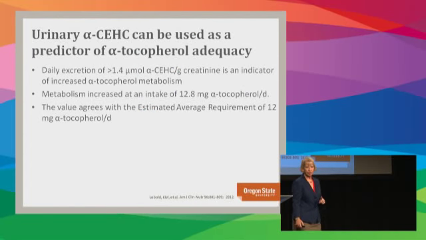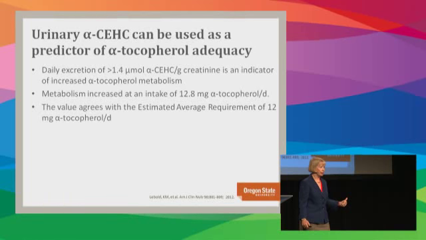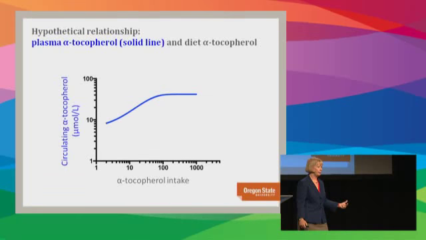And our answer is yes, that about 1.4 micromoles of CEHC per gram of creatinine is an adequate indicator of alpha tocopherol metabolism. That goes along with an intake of about 12 milligrams, 12.8 milligrams. So this looks good. Only problem with it is we don't really know how much were these people eating.